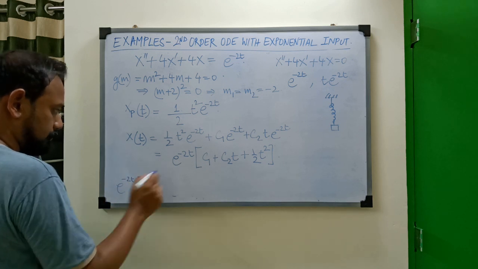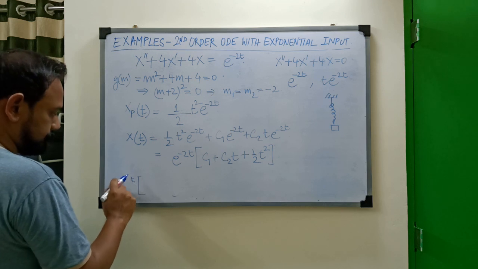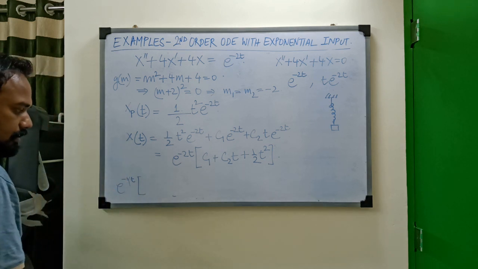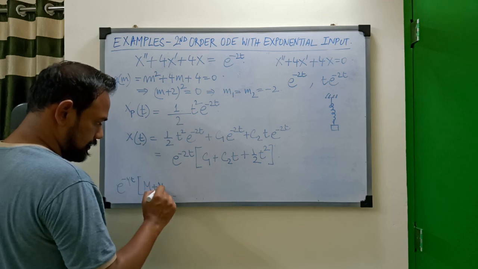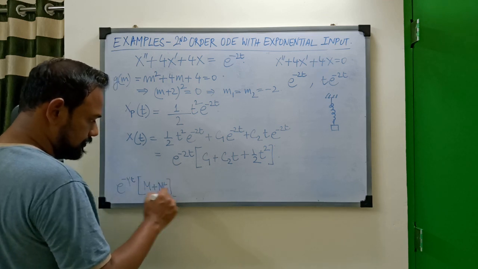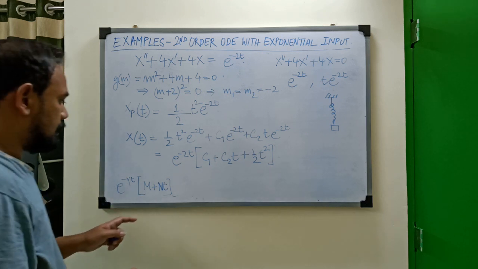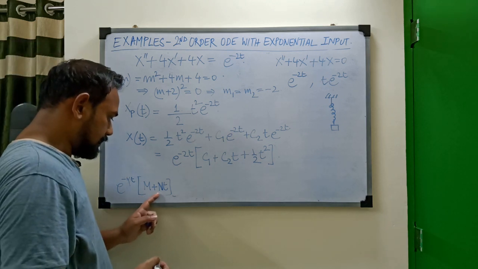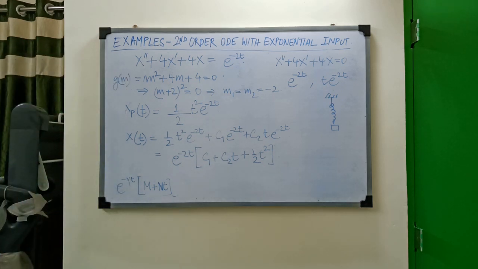decaying part, some decay, alpha, and m plus nt. Again, I'm using the same terminology as before. This is a polynomial of degree 1, it's a line.